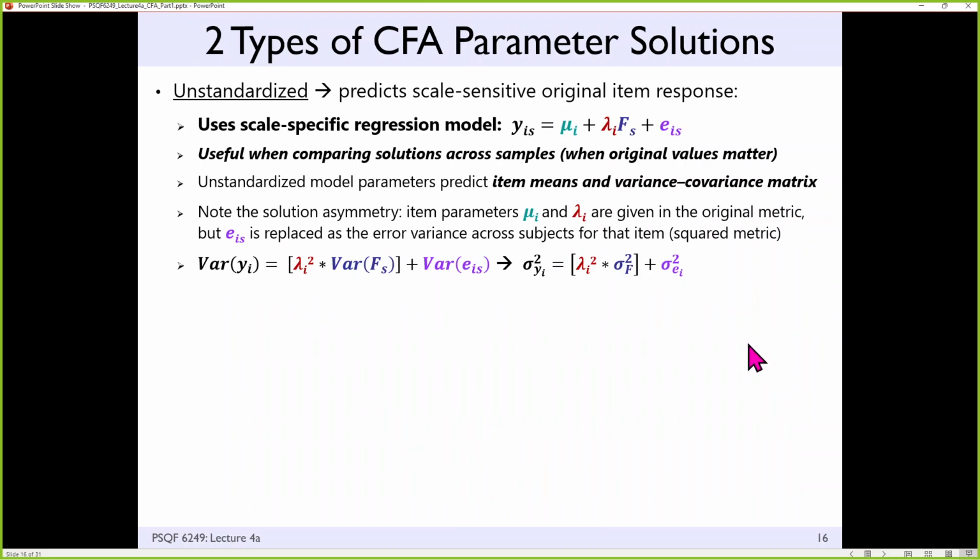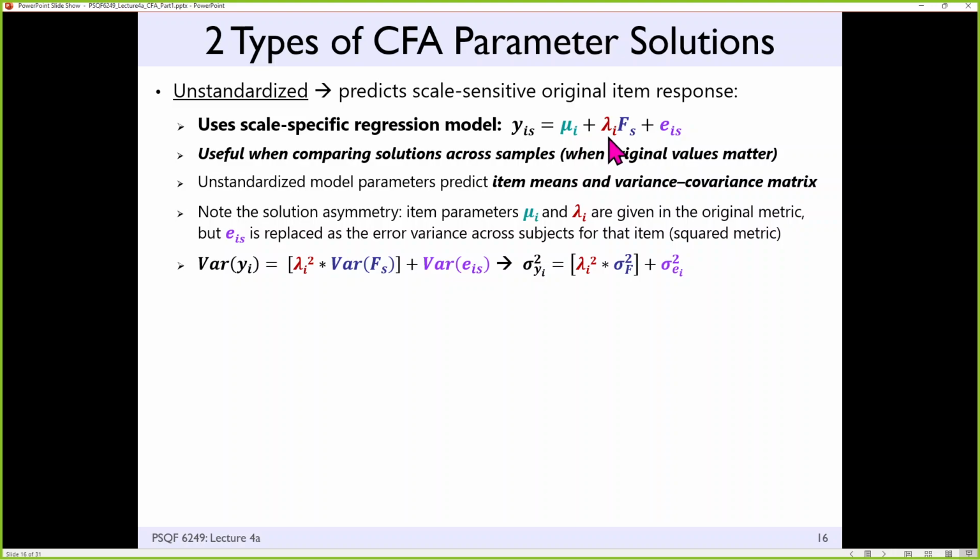There are 2 different versions of the model that you will see, and both of them are useful for different reasons. Matrix, yes indeed, Zoomers. So the default is an unstandardized solution, which is scale specific. I would have to know what scale y is measured on, what scale f is measured on, in order to know if that loading is good or bad.